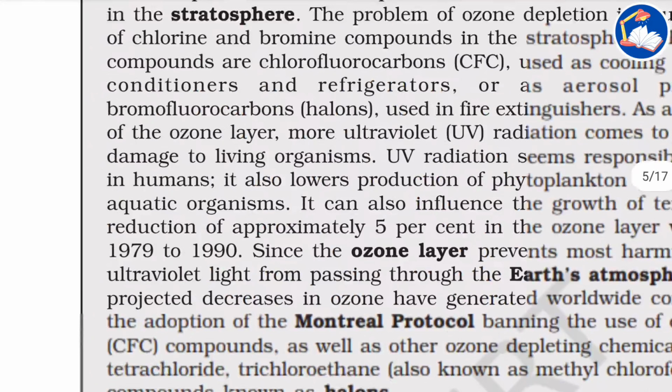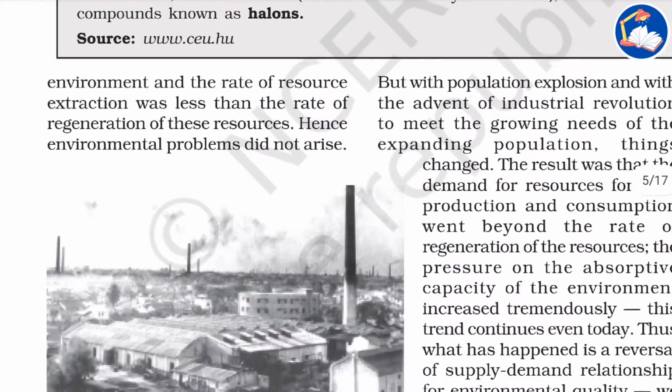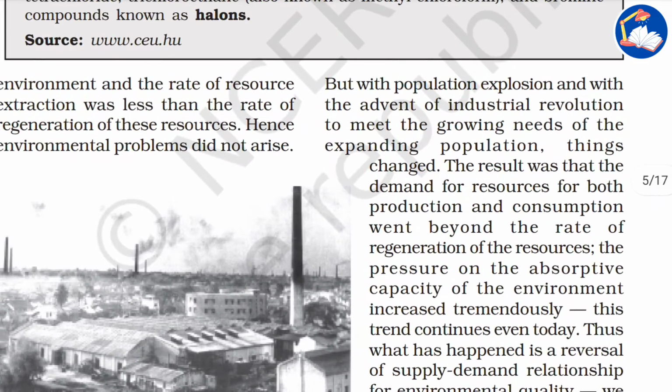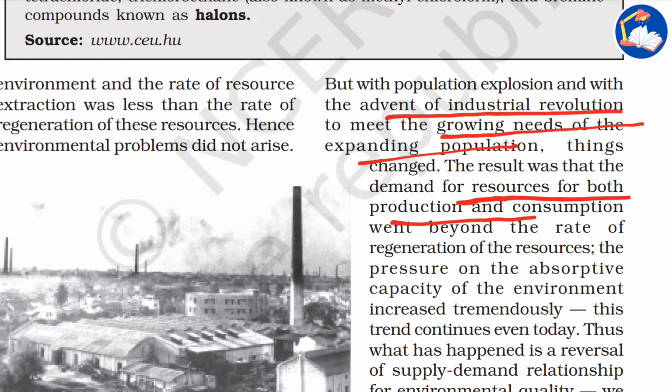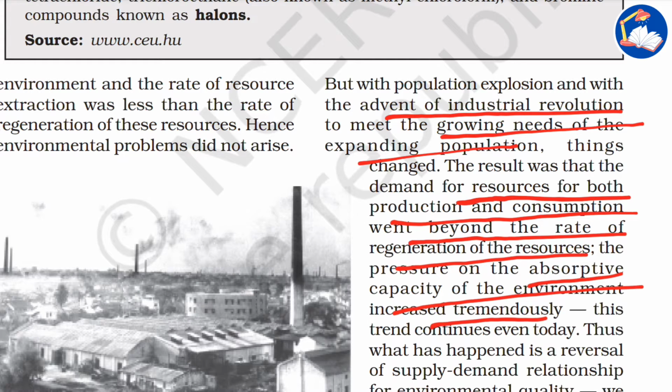Now we're talking about population explosion and the advent of industrialization. With the population explosion and the industrial revolution, to meet the growing needs of the expanding population, things changed. The result was that demand for resources for both production and consumption went beyond the rate of regeneration of the resources. The pressure on the absorptive capacity of the environment increased tremendously.